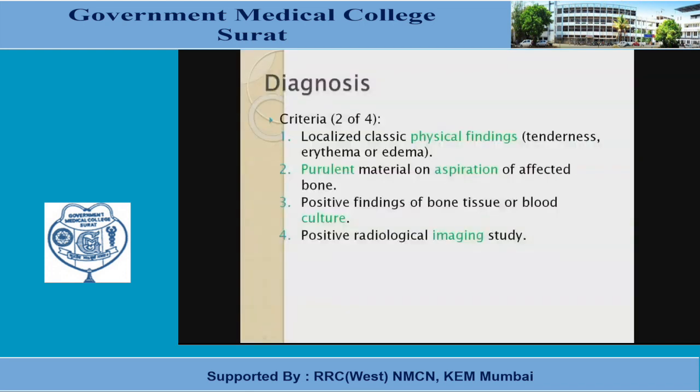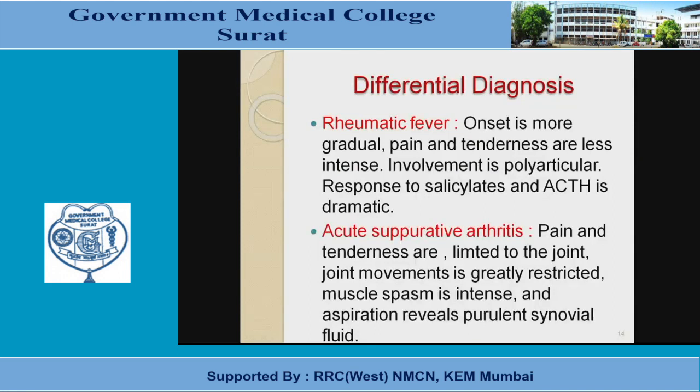Now diagnosis. We have confirmed with the physical findings, we have done aspiration with purulent fluid and positive finding on culture, and radio imaging confirms the diagnosis. The differential diagnoses are rheumatic fever and acute suppurative arthritis.